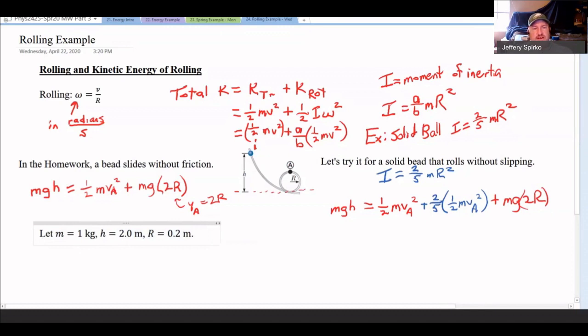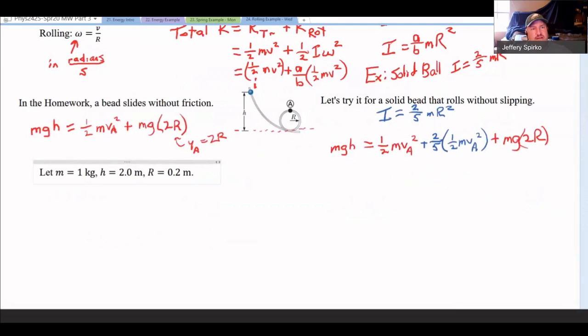Yeah, that'll work just fine. So in this version over here on the left, we're going to want to try to solve for v sub a.